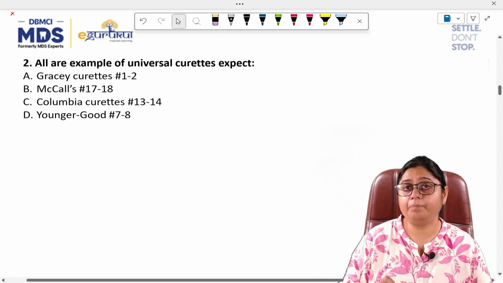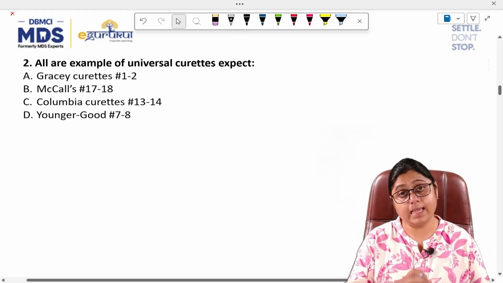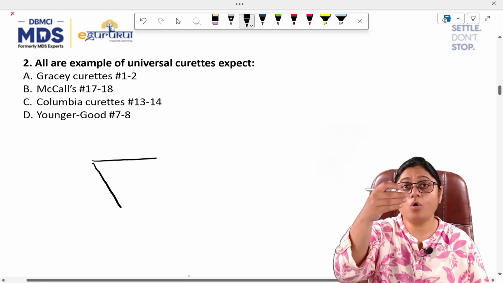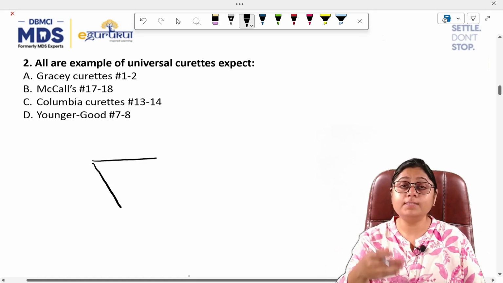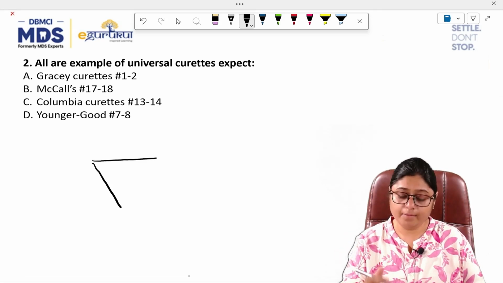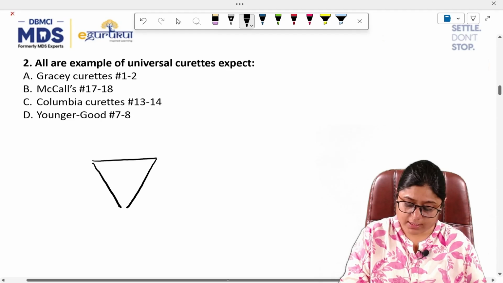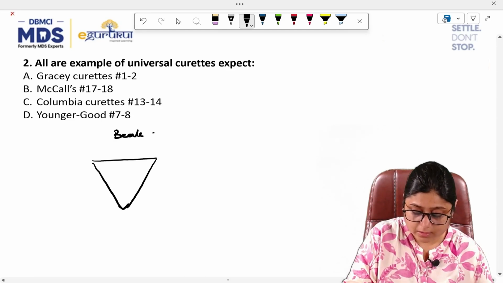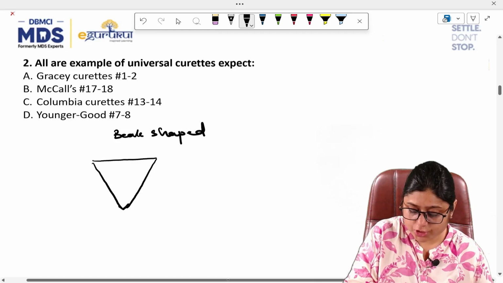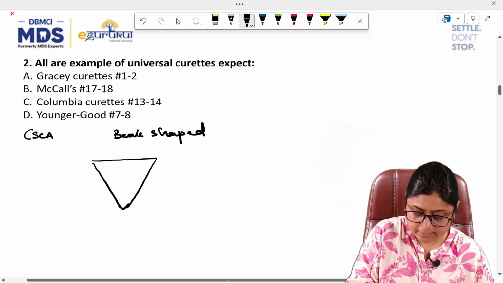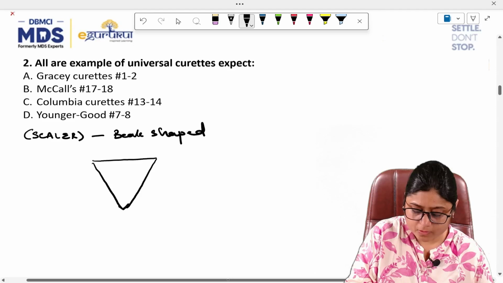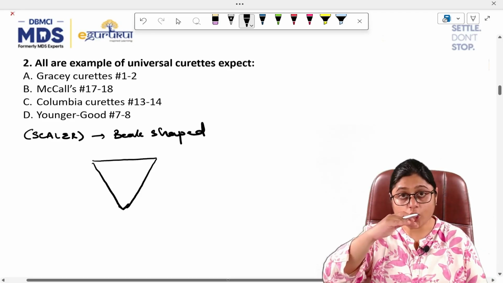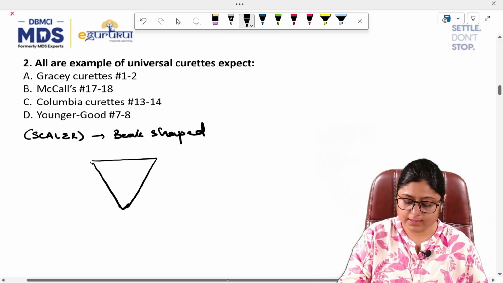Okay. Now, there is a difference in the tip of the scalers and the curets. When we look at the cross section of a scaler, it is beak shaped. This is the front surface, the top surface. This is the face.